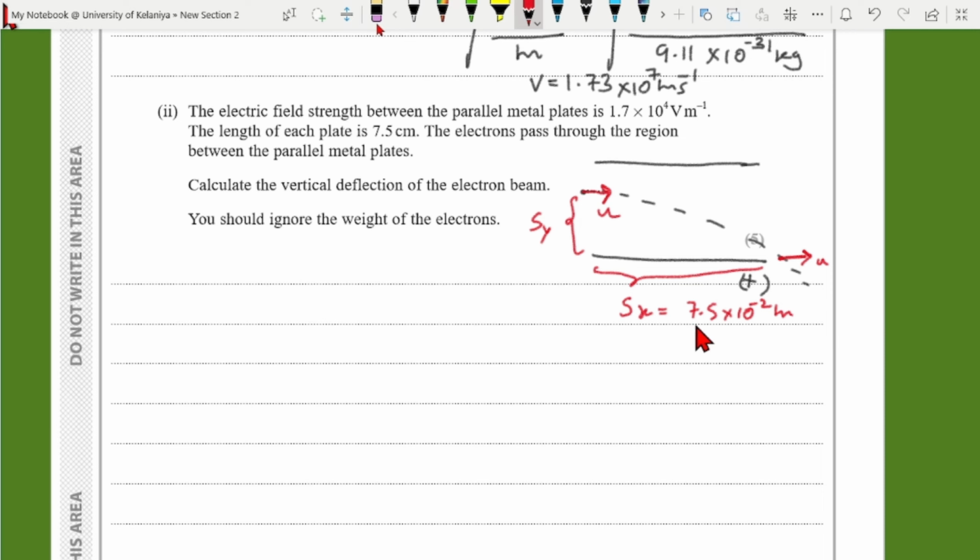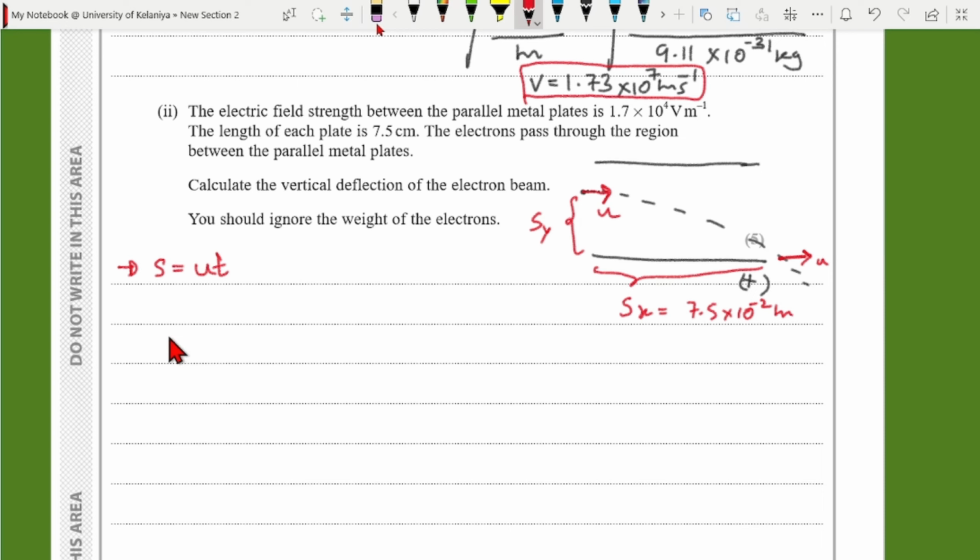Now I'm going to do my calculations. First thing I'm going to do: we know sx and we know u, which we have calculated, so we can find the time it takes. How? I'm going to apply s equals ut along the horizontal direction.